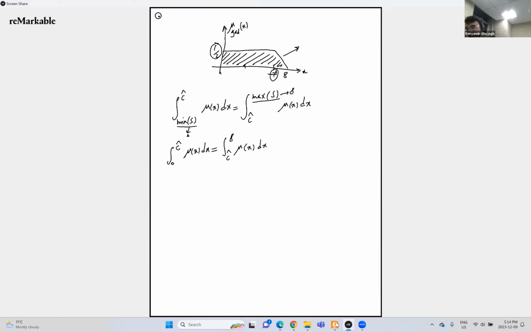Then the mu x has several parts, this part and this part. Let's break it down. For this, as far as I remember, we need to guess where c hat will be. So what is the bisector doing?